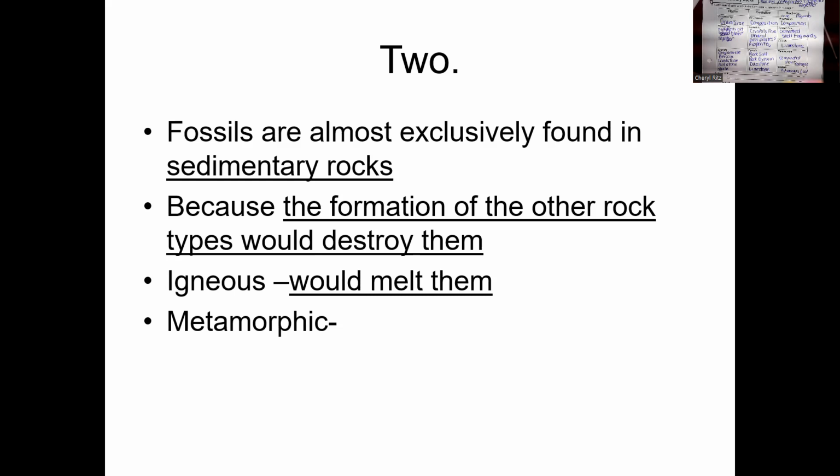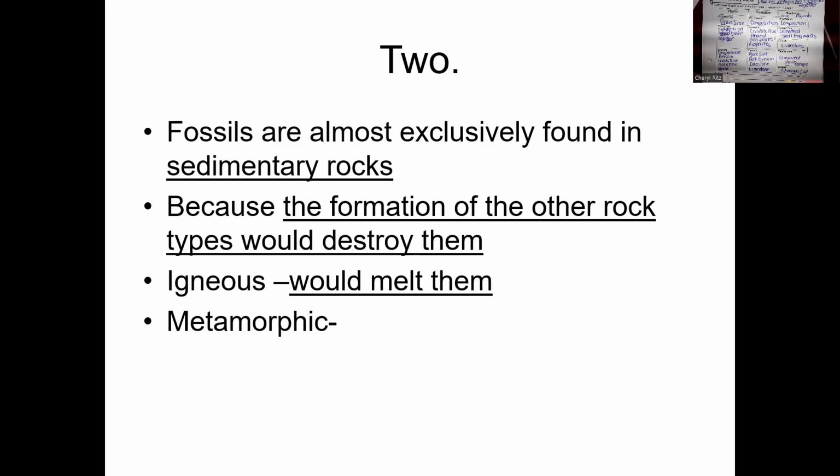What would happen if that squirrel was about to become a metamorphic rock? What would happen to the squirrel body if it was in a metamorphic rock? Would it make it through? How do we make metamorphic rocks? Heat and pressure. Do you think a squirrel body would survive?